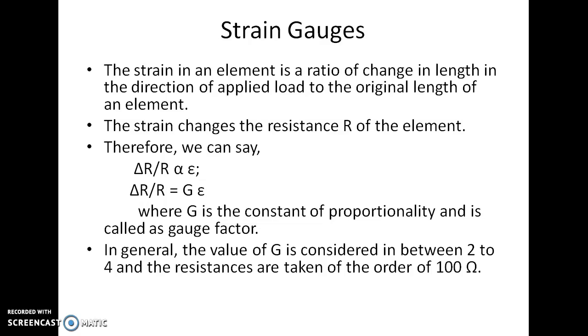Whenever you convert this proportionality symbol into an equal sign, we have to multiply by one constant. So that is del R by R equal to G into epsilon, where G is a proportionality constant, which is the gauge factor. In general, the value of gauge factor G is 2 to 4 for a resistance up to 100 ohm.